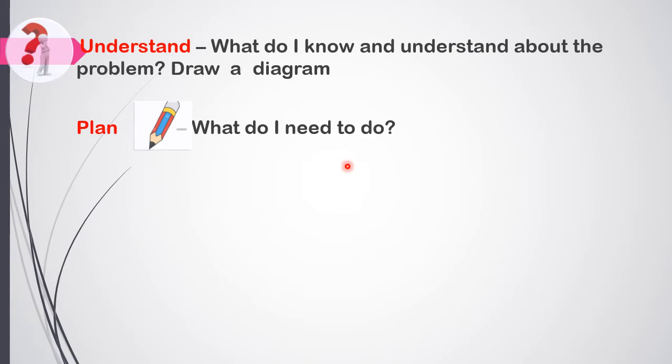Deciding which operation to use while planning is the difficult step, because real problems do not usually have keywords that help us know what to do. In that problem, they won't mention the keywords. We have to find out, so it is a difficult step. You can use numbers in pictures or diagrams; it will help.